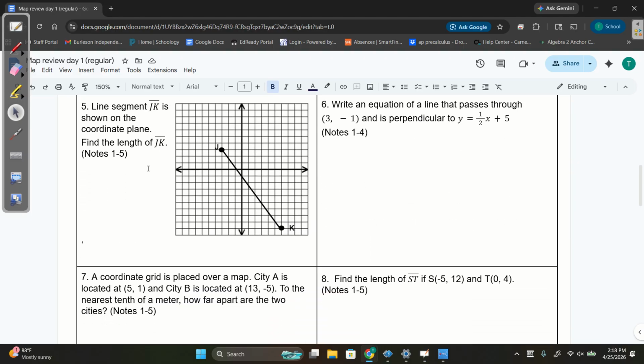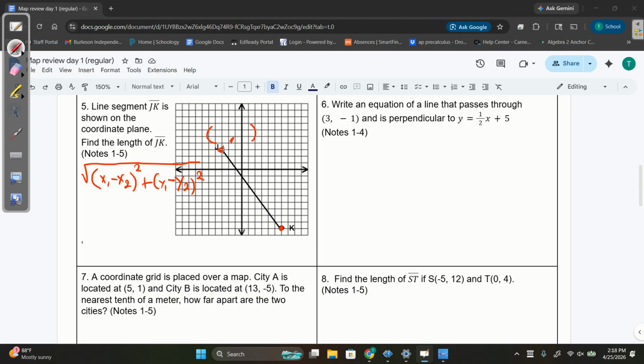I see the word length, so I'm going to use the distance formula, which is x1 minus x2 squared plus y1 minus y2 squared. I just need to find out what the coordinate points are for my endpoints. Remember, whenever we find the coordinate points, we do x first and then y.